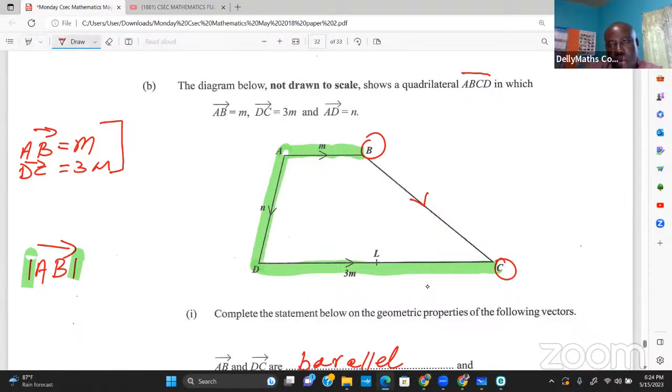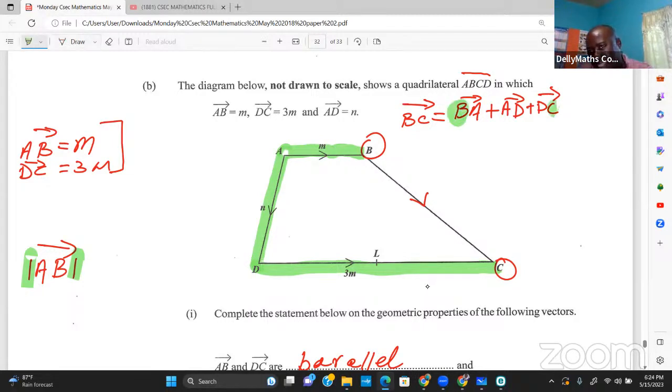So then BC is equal to BA plus AD plus DC. And you can always look at your beginning and the end, and you should be able to see what they had asked.